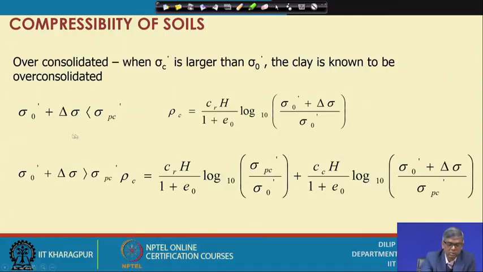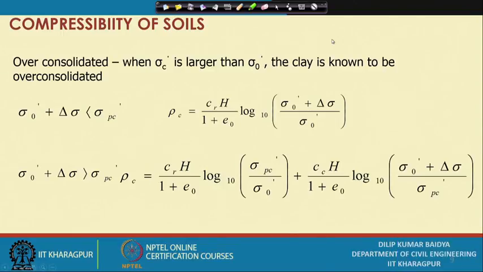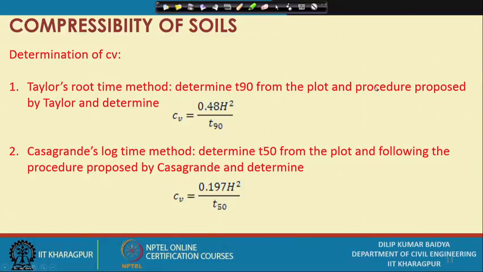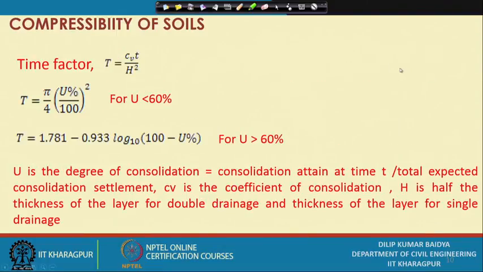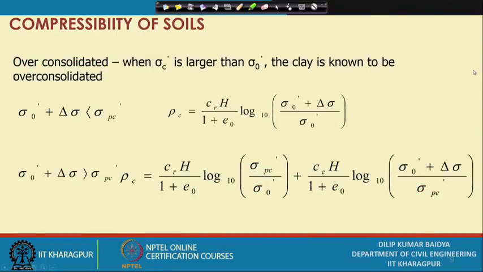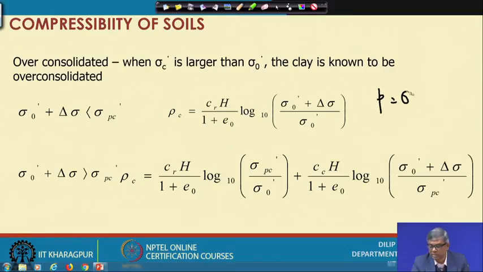In general, we have defined P 1 and P 2 mathematically, but in soil mechanics, P 1 is sigma naught dash, the effective overburden pressure before application of the load.